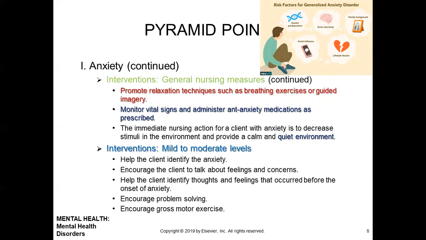What are the other interventions? Promote relaxation techniques such as breathing exercise, and also help them with imagination or visualization, monitor their vital signs, give them anti-anxiety medication, and the immediate nursing action for the client with anxiety is to decrease the stimuli in the environment and provide a quiet environment.